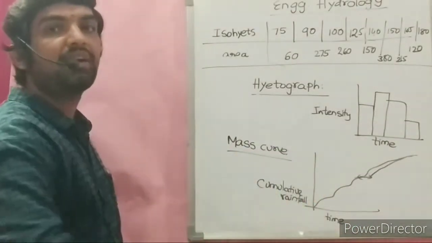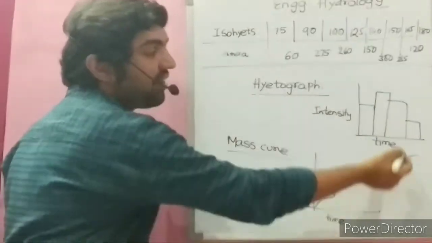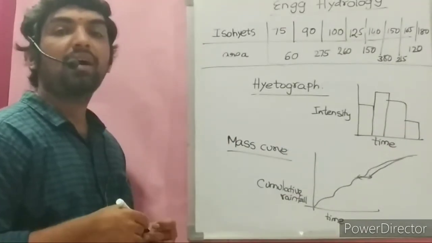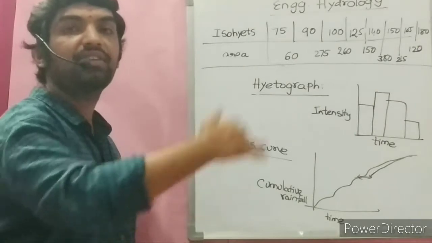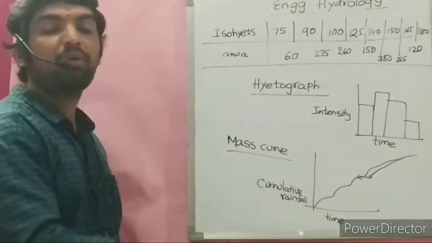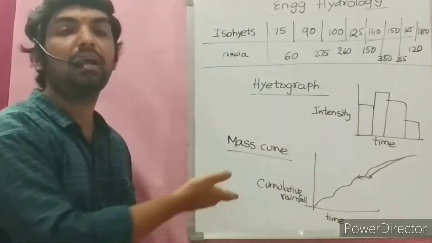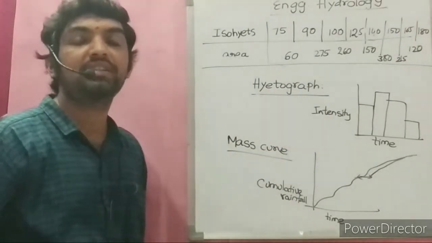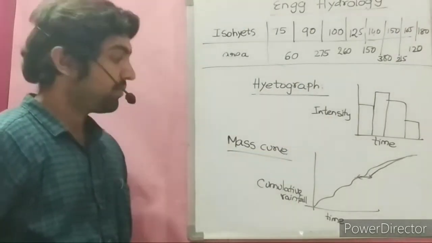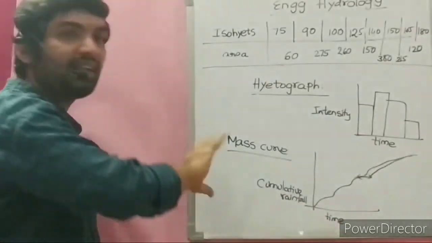In multiple-choice questions you can get: the mass curve is A, continuously rising curve, continuously falling curve, parabolic curve, none of these. So the mass curve is a continuously rising curve. It has many applications in hydrologic designs also. So this is about the presentation of the rainfall data.